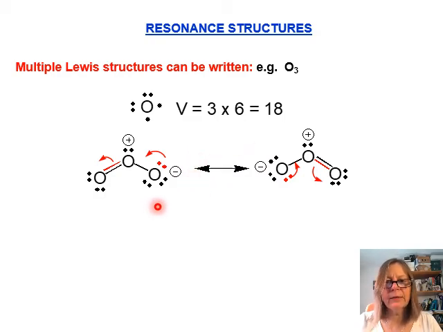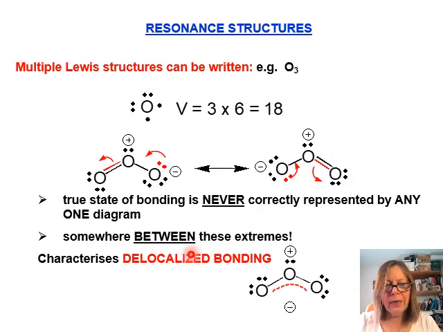The reality is that the electrons are constantly moving back and forth between the 2 oxygens. So the true state of bonding is never correctly represented by any one of these Lewis diagrams. The reality is somewhere between these 2 extremes.